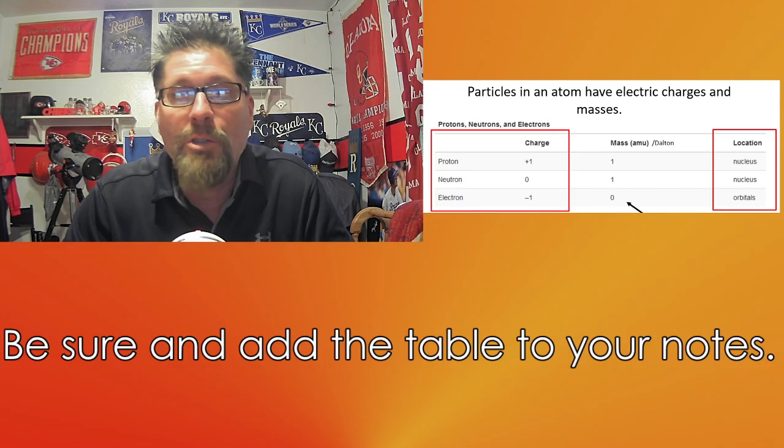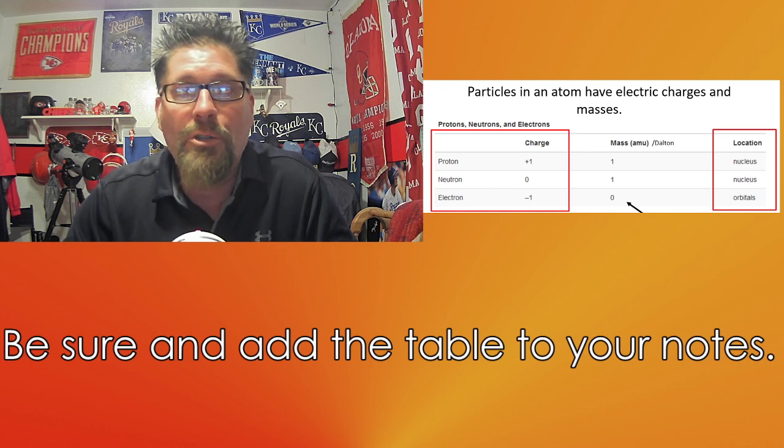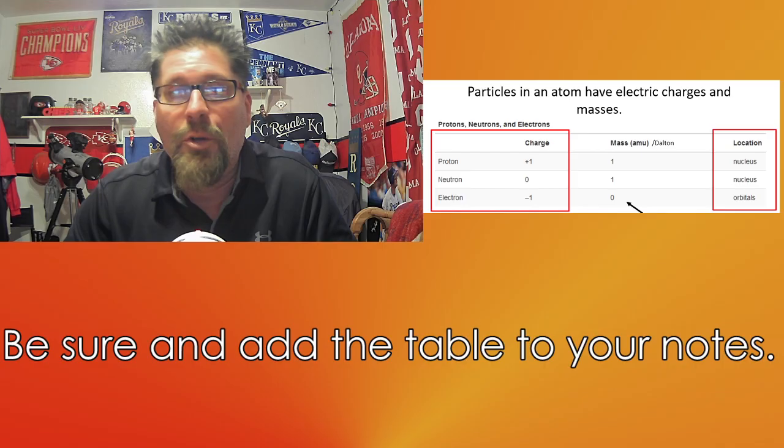Protons and neutrons do have a mass. There is a little bit of weight to them, but it is so small you could not use a traditional unit, ounces, pounds, grams, whatever. It would be such a small decimal number that it wouldn't be very usable in science documentation.